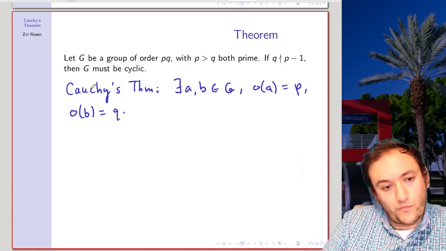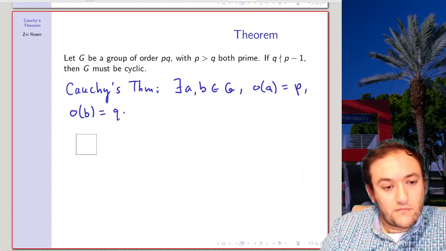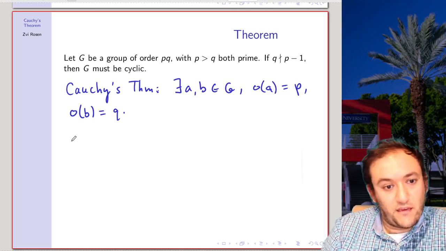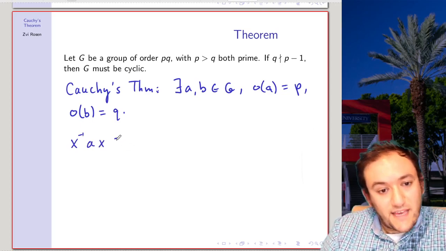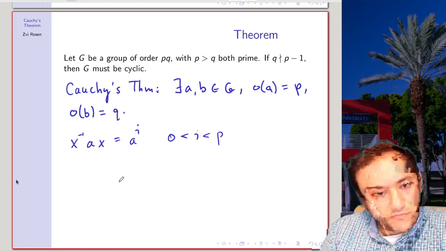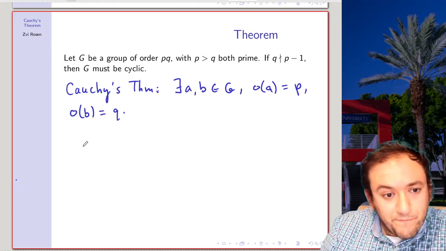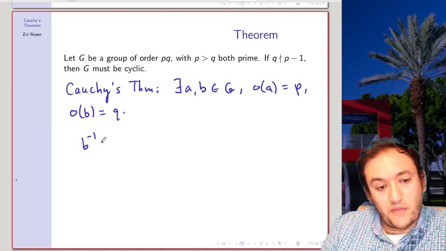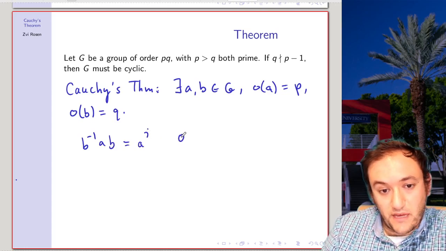We know from the later results that if we take A and conjugate it by any element in G, we're going to get A to the I for some I between 0 and P. So B inverse AB is going to be equal to A to the I for some I between 0 and P.